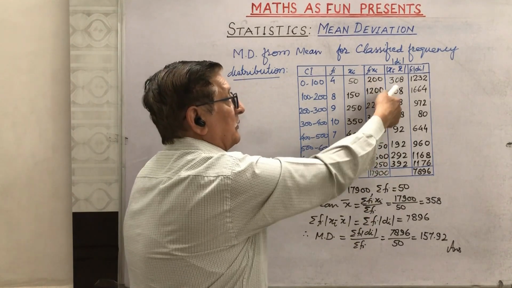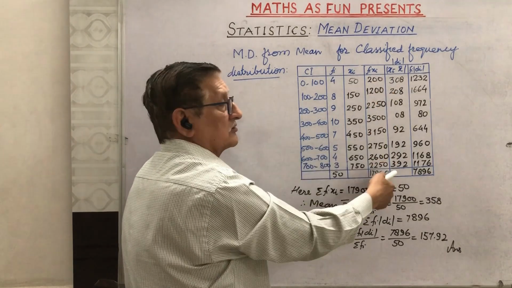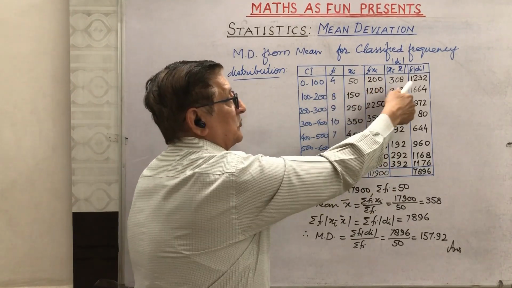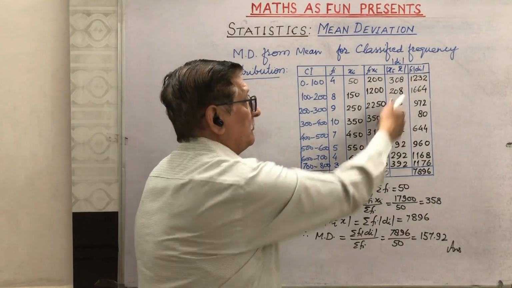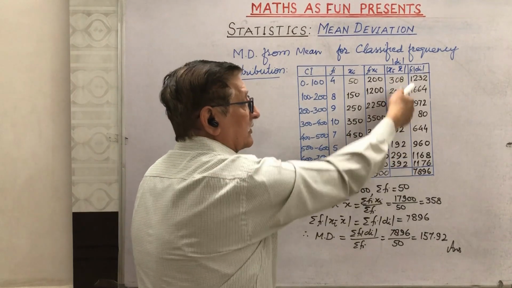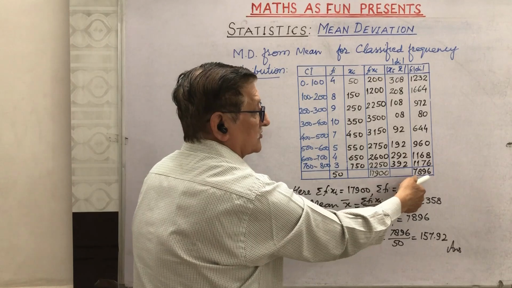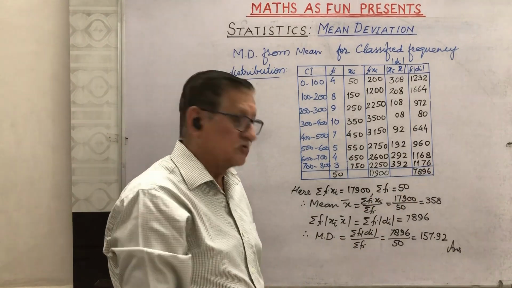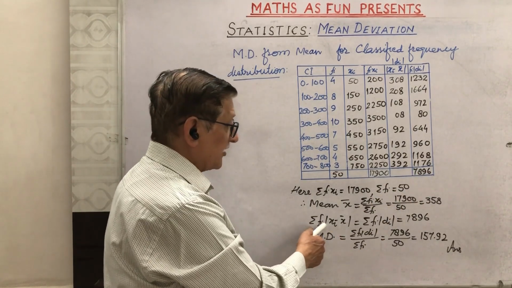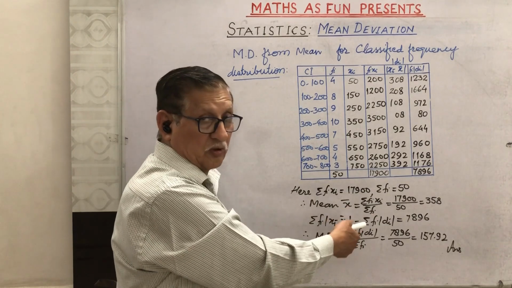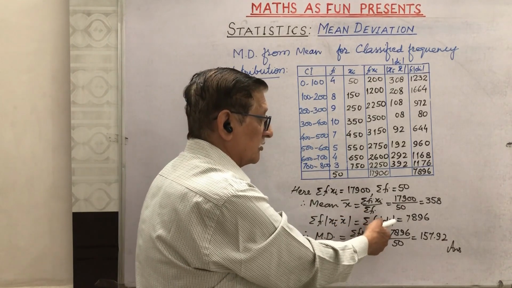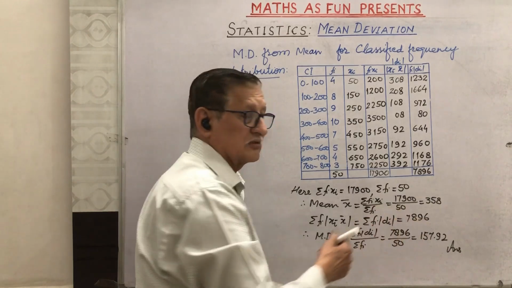After that, we have to multiply each of these deviations with the corresponding frequencies. After multiplying that, we have to add them, and the sum here comes as 7896. So we are getting here sigma fi into modulus of (xi minus x bar), or we call it sigma fi into modulus of di, that is 7896.